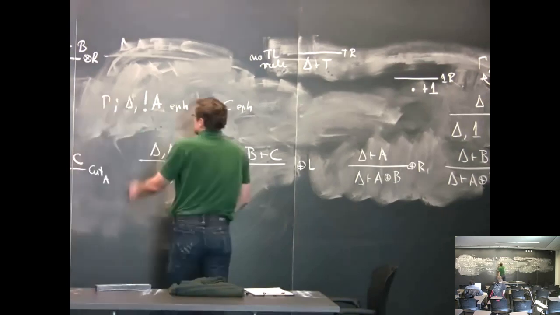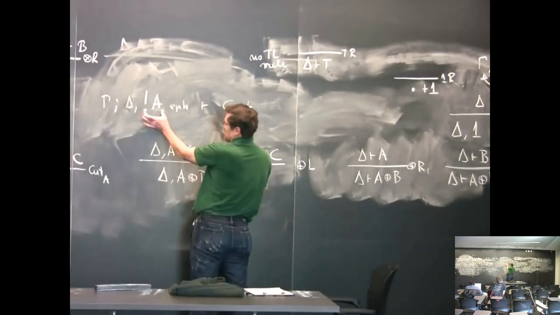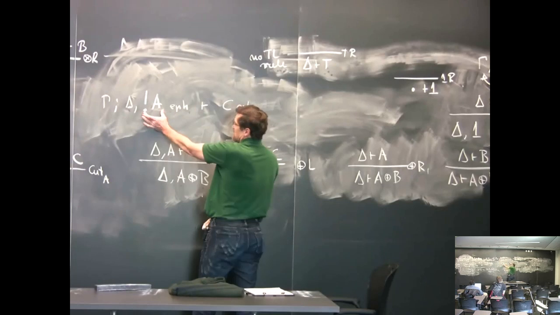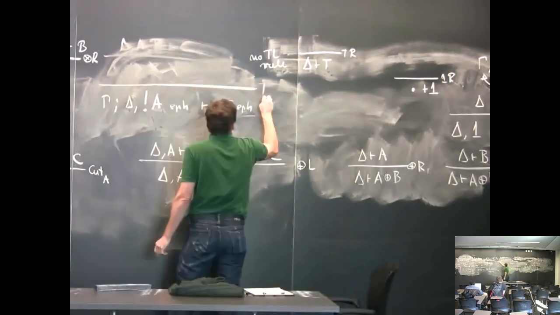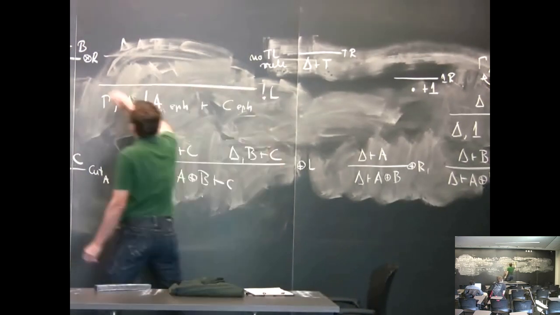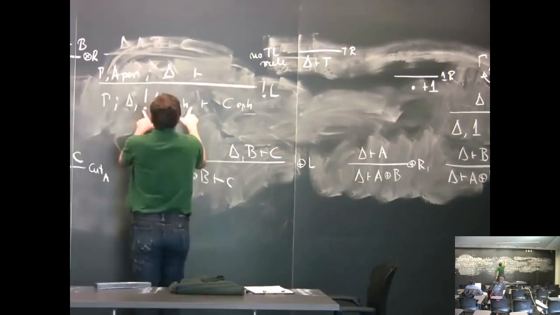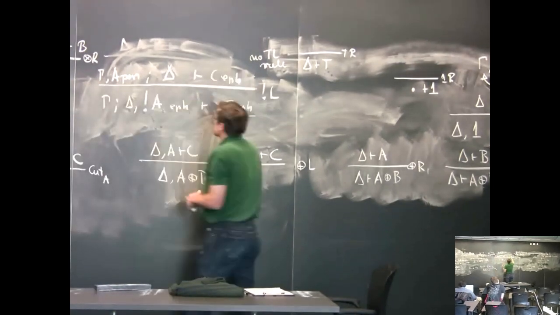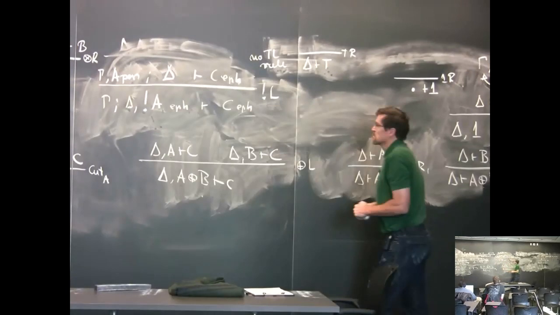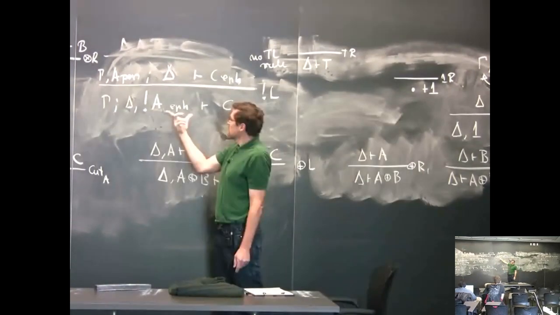Okay. Our situation looks like this. I have some other resources delta, and I have as a resource, of course, A. And so the left rule says that I can now get a persistent resource, and this ephemeral resource disappears, in order to achieve goal C. Now I can use this as often as I want, every time copying it.